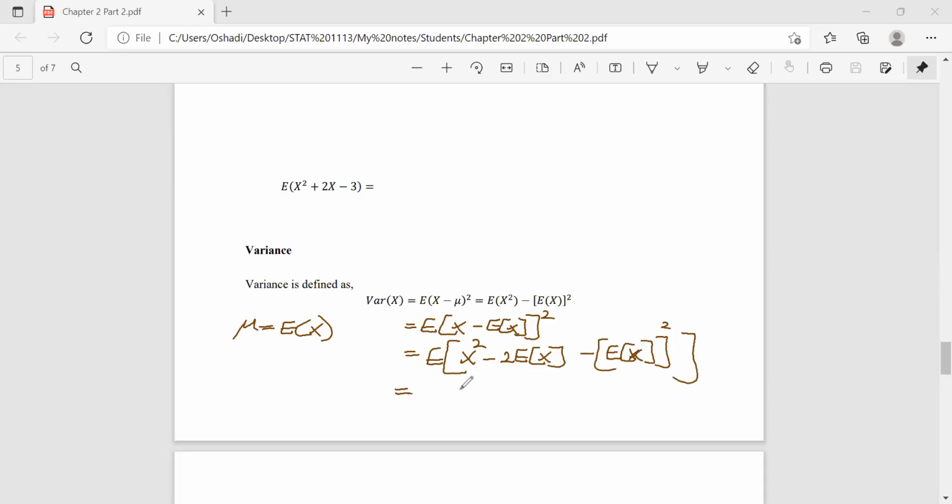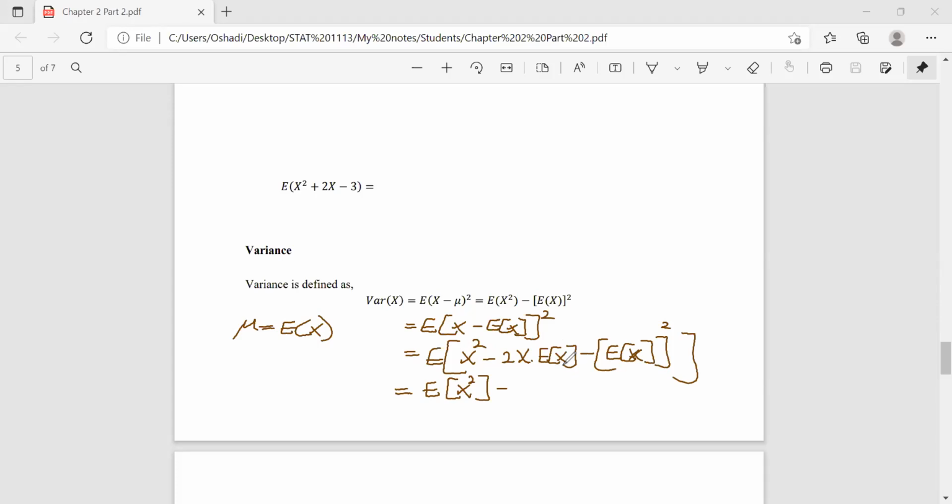So if we expand this, the expected value of x squared minus 2 into x into the expected value of x.